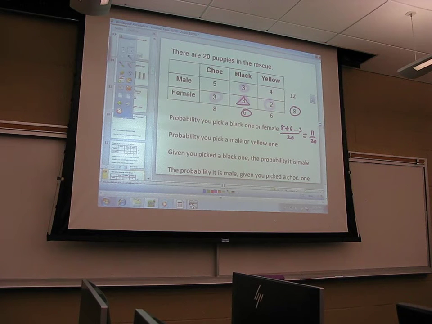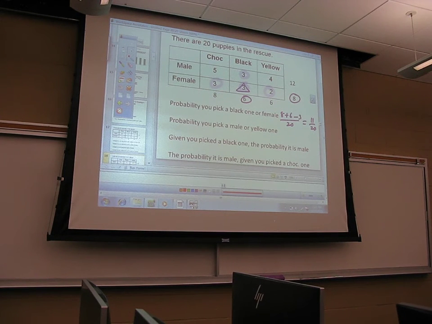Okay. Now, next one, male or yellow. Okay, so you got that first one wrong, fix it now. Male or yellow, find it. Okay, so male, there's 12 males.